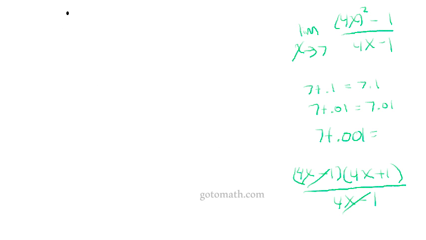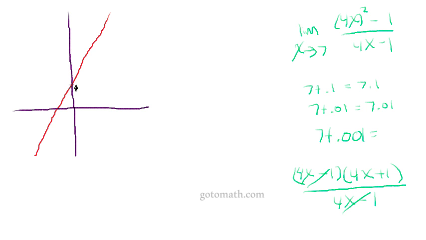And this is actually going to be what we graph, this 4x plus 1, and of course that graph is looking something like that, where it's crossing at 1 here and has a slope of 4, right?